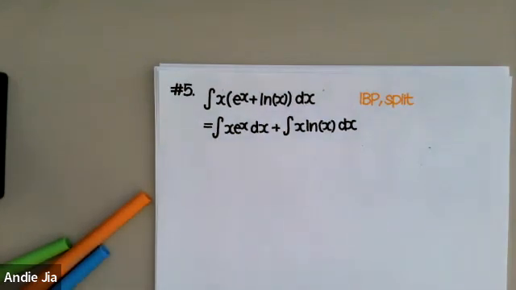Okay, for this one, choose u equals x. For this one, choose natural log of x, because you know the derivative of natural log is 1 over x, right?